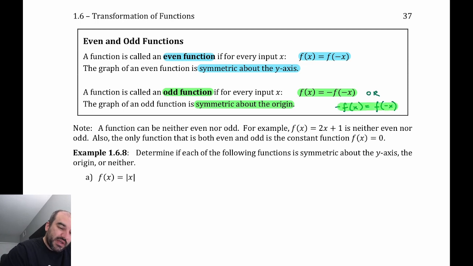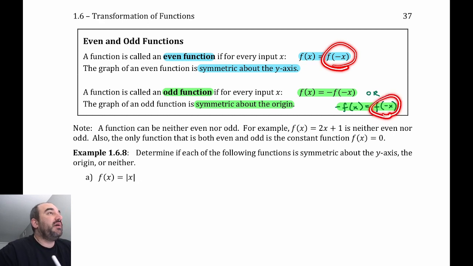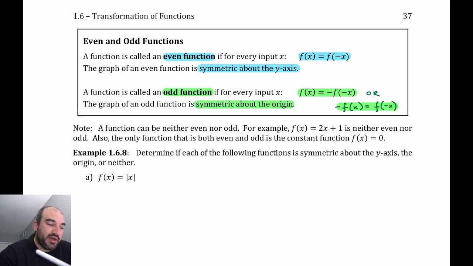That's another version of the same thing. The reason that one is more useful is because we have this f of negative x that's the same between the two, which means we just have to look at f of negative x and the way that behaves to determine whether it's even, odd, or it could be neither even nor odd if it doesn't behave in those two specific ways.